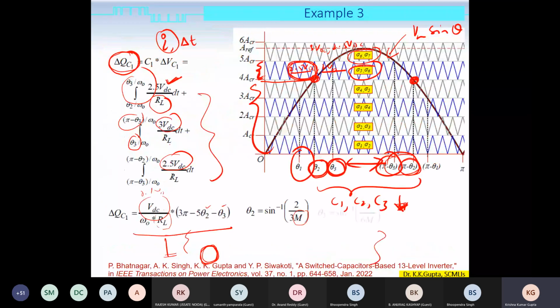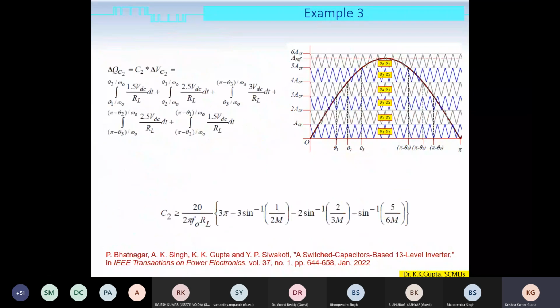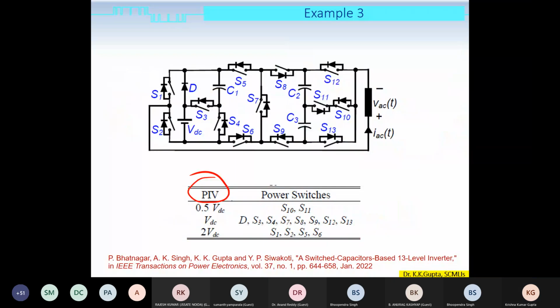So we carry out this kind of analysis and determine the maximum value of that voltage, right? We call it PIV, peak inverse voltage. As I analyzed, for S1, the peak voltage comes out to be 2 VDC. For each switch here, I have shown the maximum voltage that it has to bear.